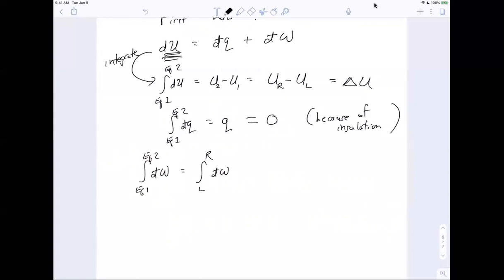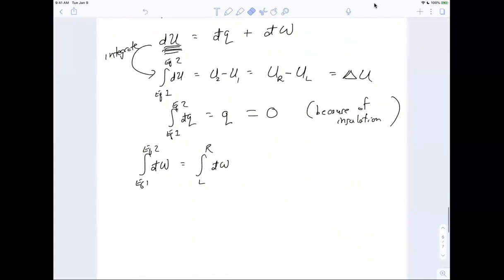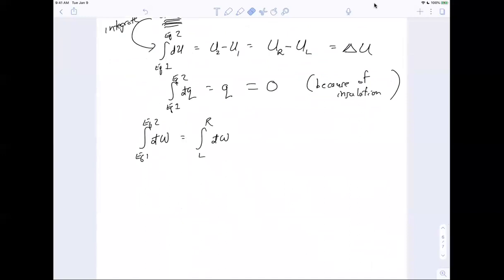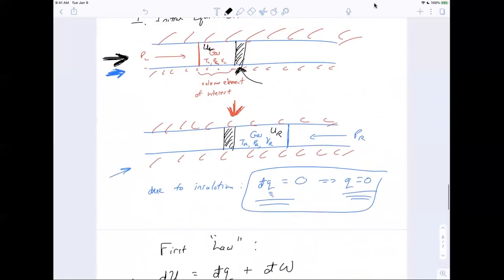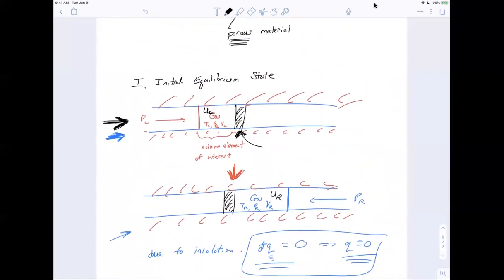So let's take a look at this in 2 stages. We're going to look at the work, because this is the one that is kind of the interesting one. So let's go back to this diagram here.